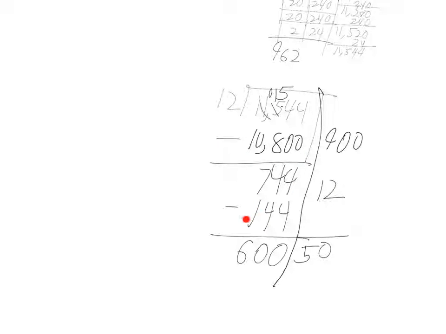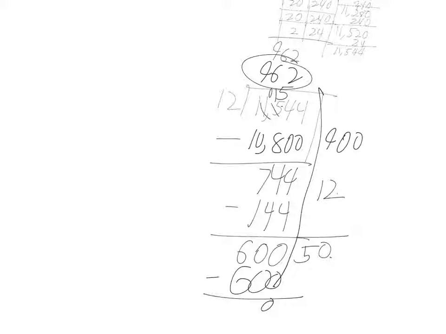I knew 12 times 12 was 144, which I was able to subtract, and I had 600 left. And then I know 12 times 5 is 60, so 12 times 50 would be 600. So that allows me to subtract 600, end up with 0 left, and then I just add up 900 plus 12 plus 50, and I end up with my quotient of 962, the same that I got in the original 2 ways of figuring it out.